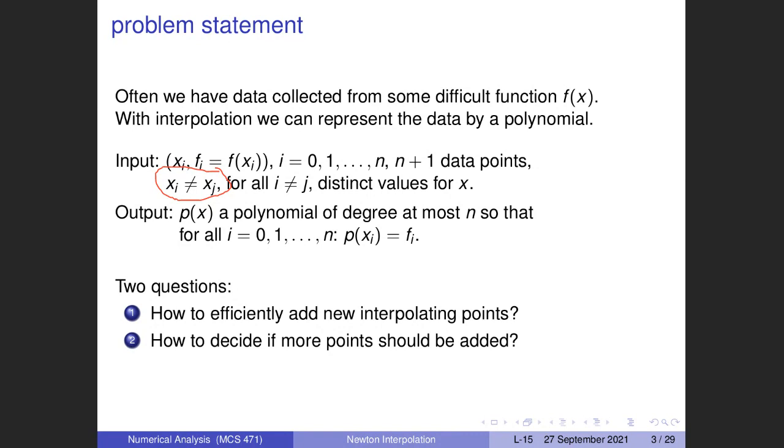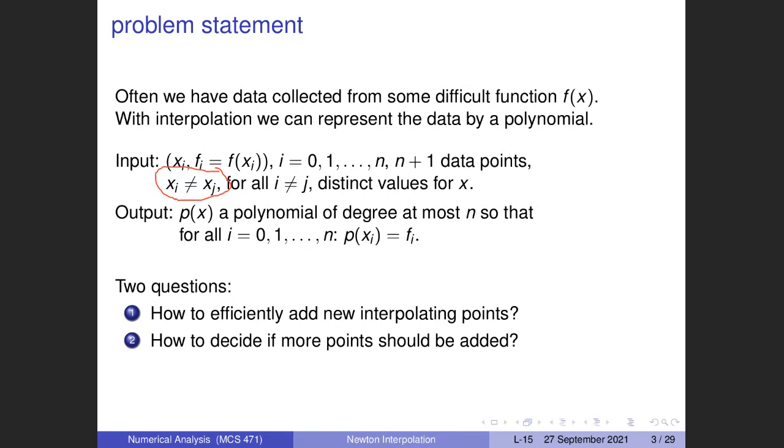The algorithms that we considered last time were actually not that friendly towards adding new interpolation points. The algorithms that we covered were quadratic in n, but we don't want to redo that.